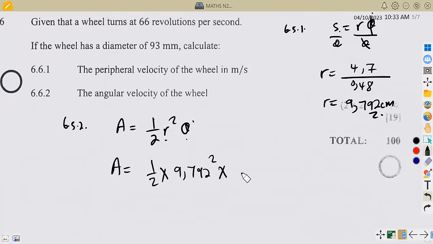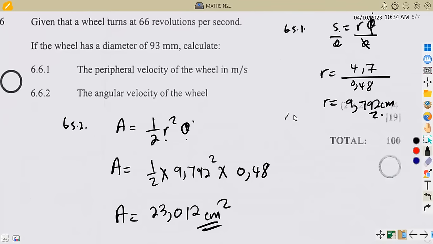That is going to give us the area of this sector, which is 23.01198, which is 23.012 square centimeters. So that is the area in this case.